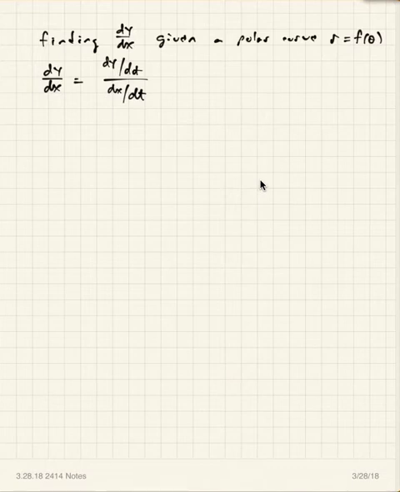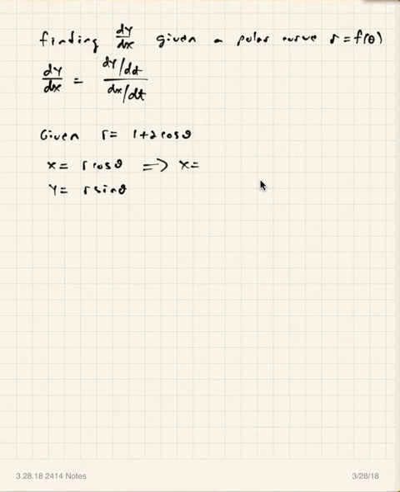So what we do is we take our polar curve. Let's say we are given the polar curve r equals 1 plus 2 cosine theta. We use the idea that x is equal to r cosine theta and y is equal to r sine theta. Remember, that's the parametric form of polar coordinates. And we simply substitute the r value in. So you get x is equal to 1 plus 2 cosine theta times cosine theta, and then y is equal to 1 plus 2 cosine theta times sine theta.